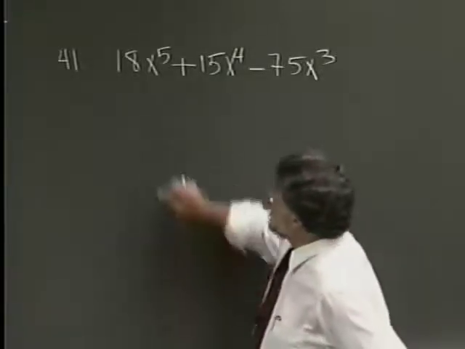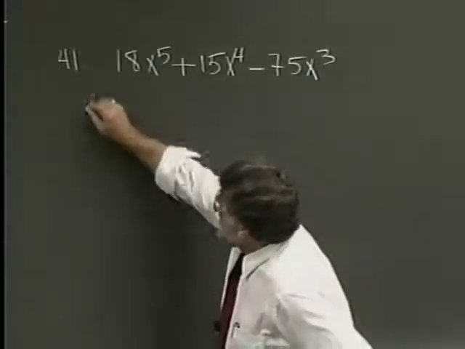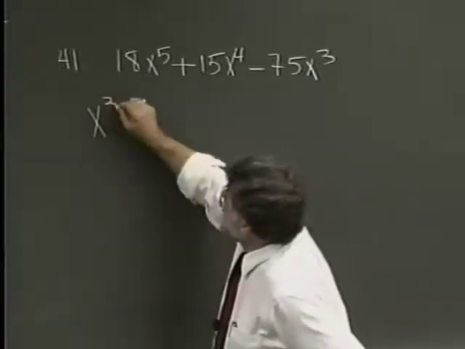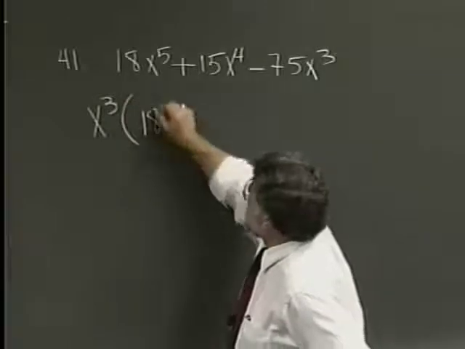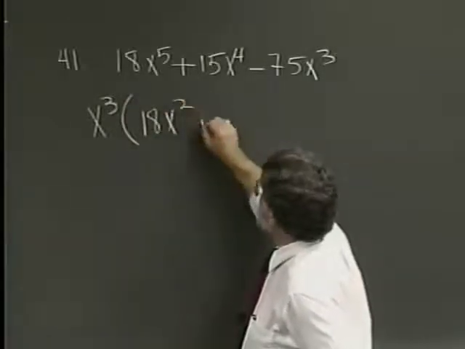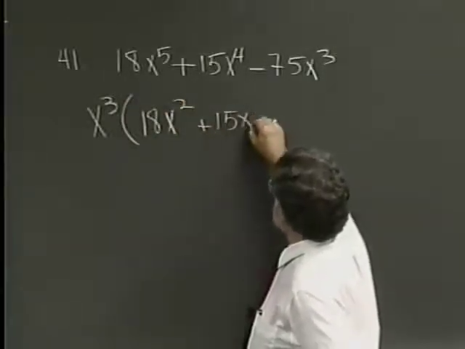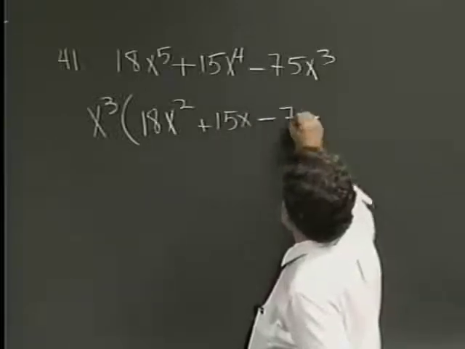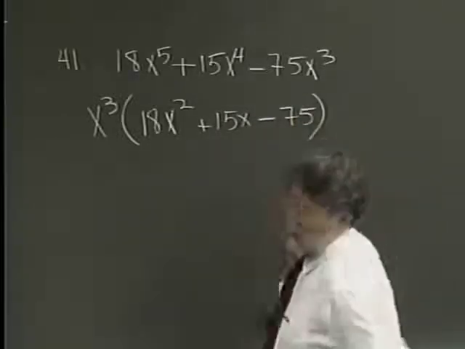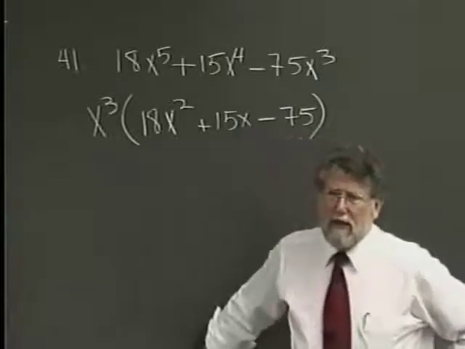So I look at this 18, and I'm going to break it up, but before I forget, I should take out that x cubed. And when I do that, I see I didn't do something I should have, and this is not going to be as interesting as I wanted.